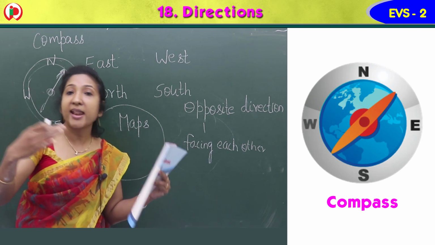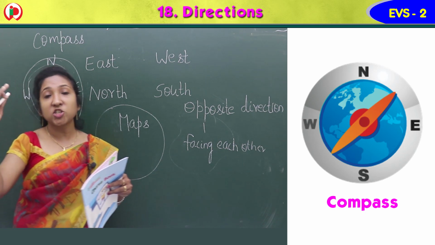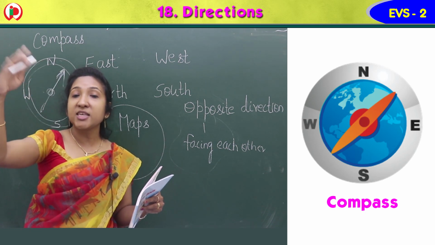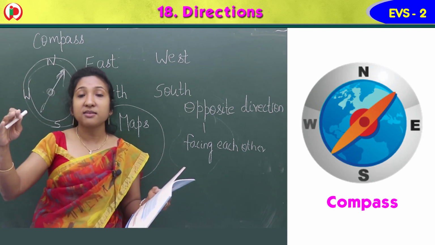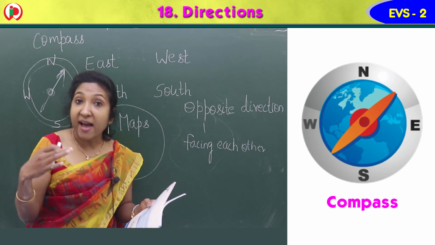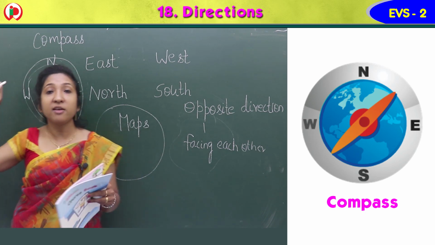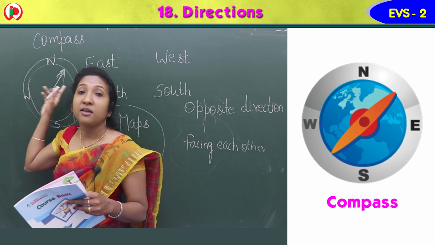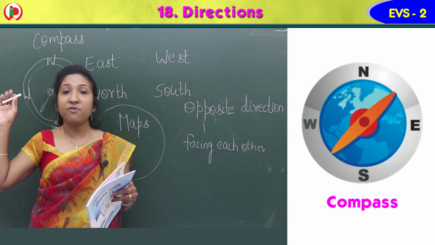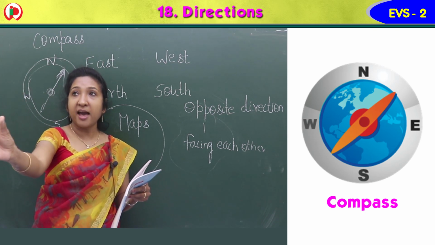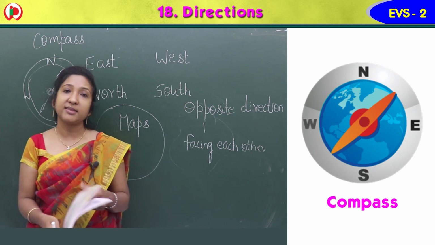So when people travel in ship for a long journey, in olden days they use this instrument to find the direction. Wherever they are, the north direction easily they can find out, then they will find other directions easily.